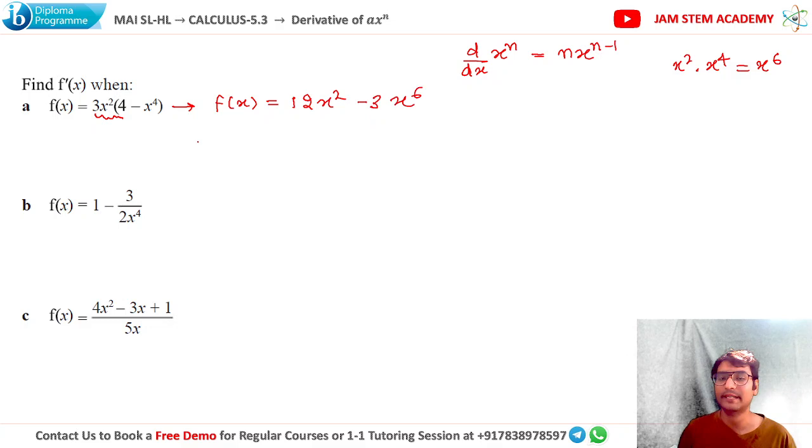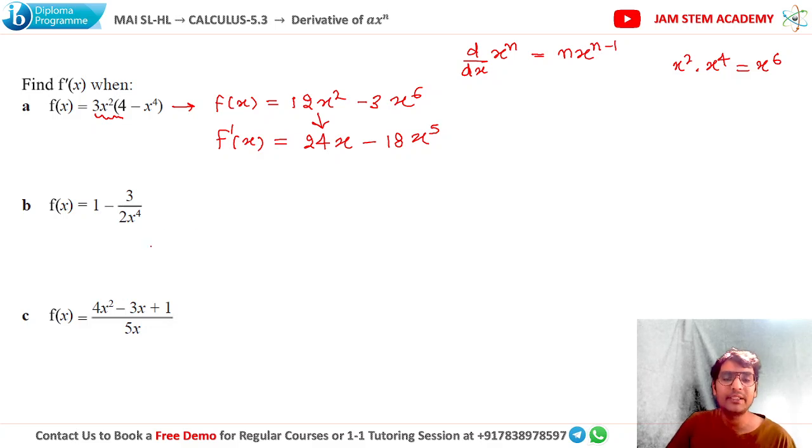Now it is in that standard form, so from here I can find the f prime. The 2 comes out, 12 times 2, you can directly write now, 24x raised to the power 1. Then take this 6 outside, which becomes 3 times 6, negative 18, negative was already there, x raised to the power, reduce one power, 5. That is the answer.